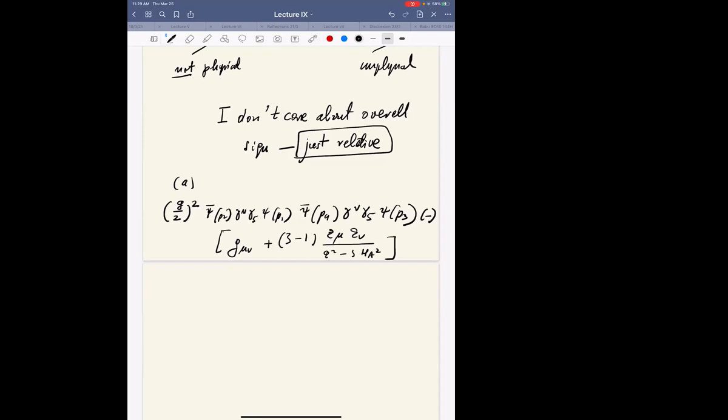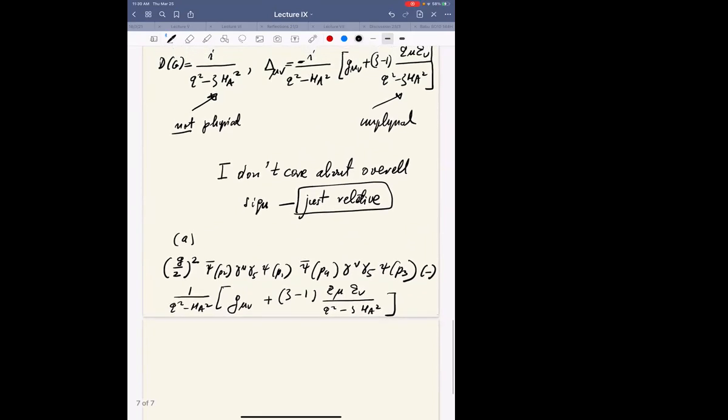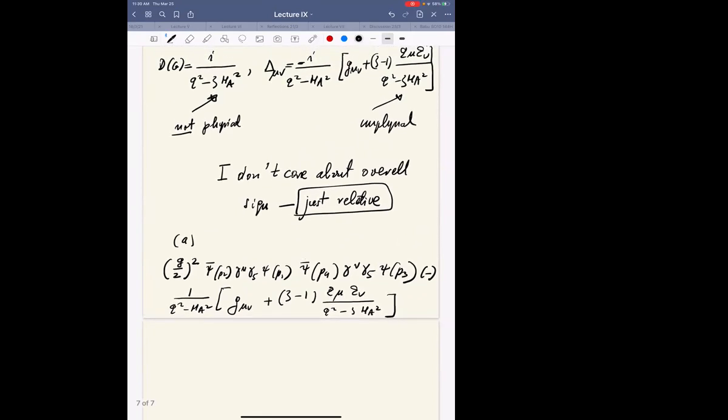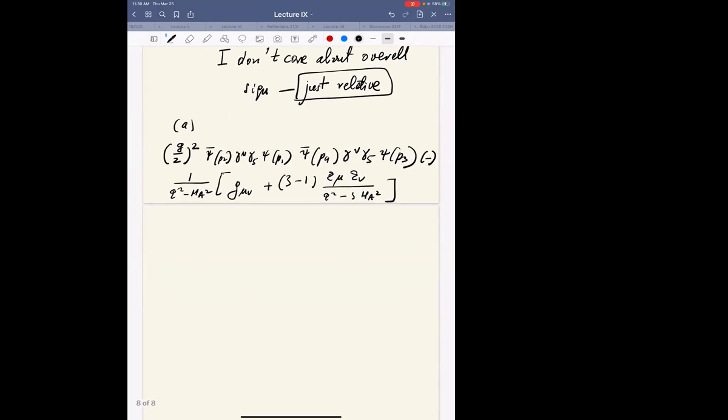You agree with me? Please, we have to make sure I don't make a mistake. Oh, sorry, there is 1 over q squared minus M_A squared from the propagator. I think this is correct. Let me write them down and then elaborate them.